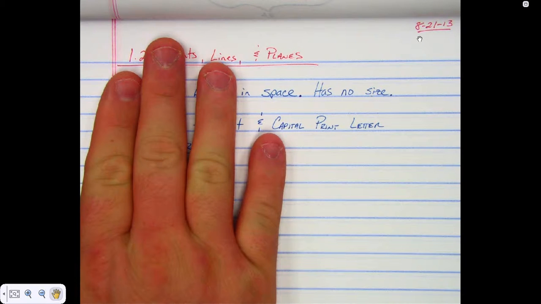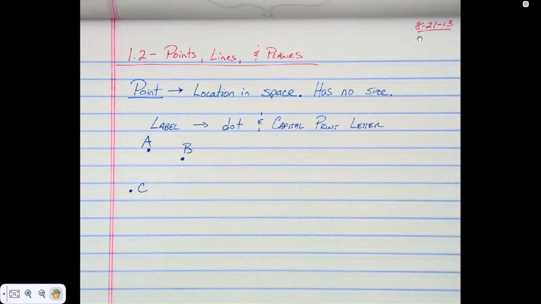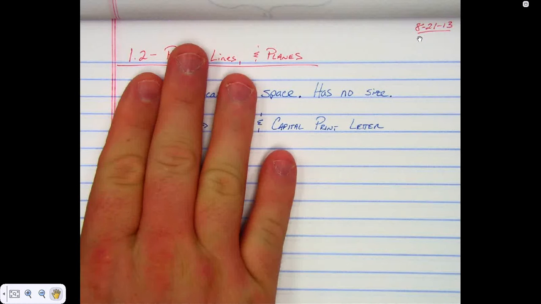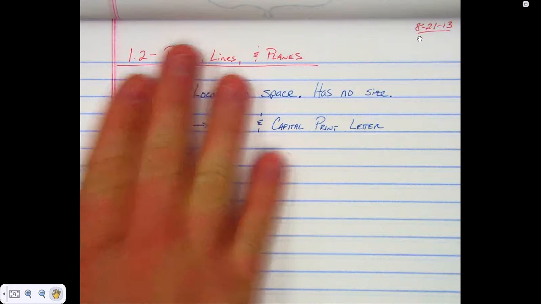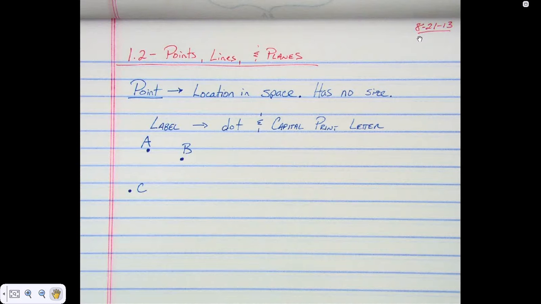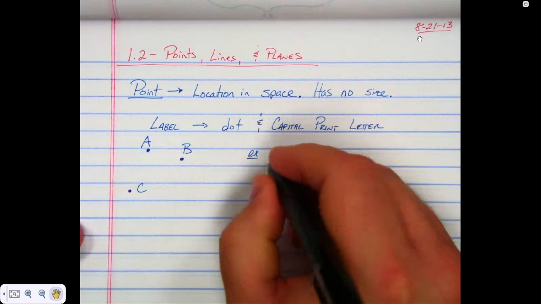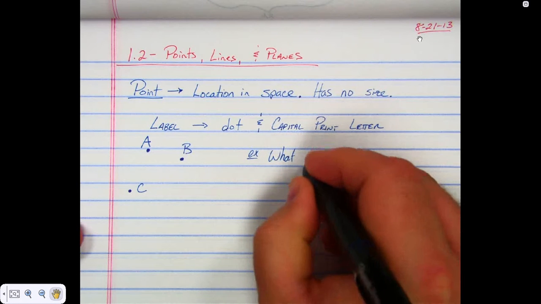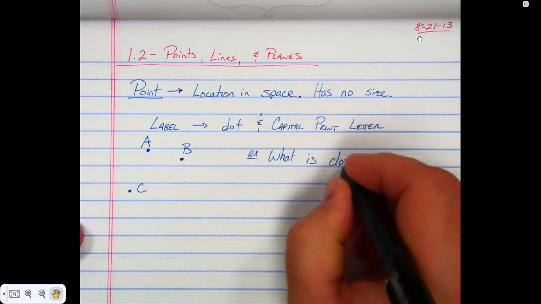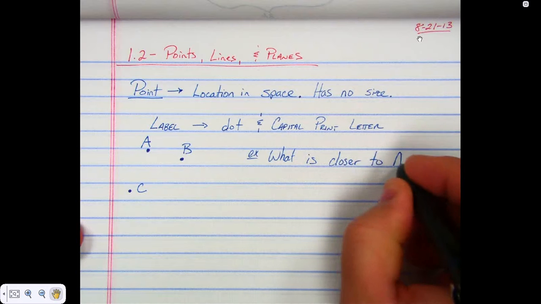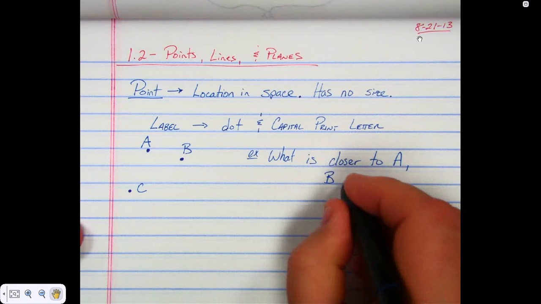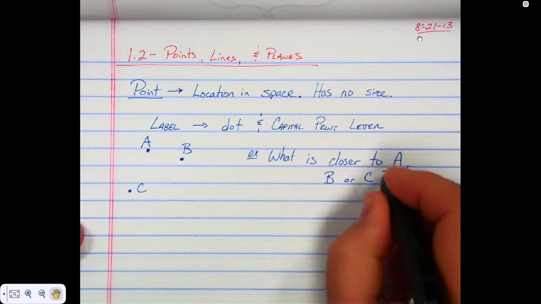But when I'm speaking of geometry, and I say a capital letter, we'll write that statement down. What is closer to A, B, or C? And then I put a question mark.